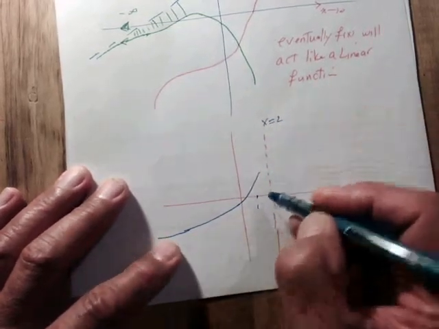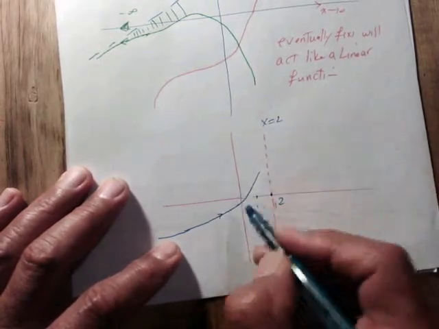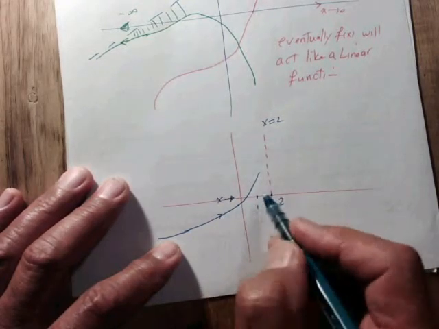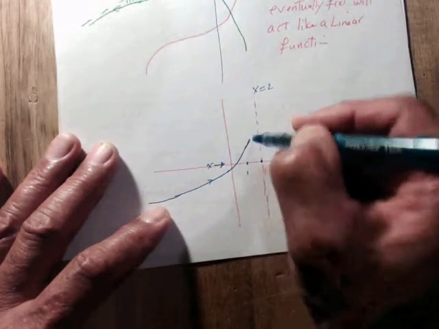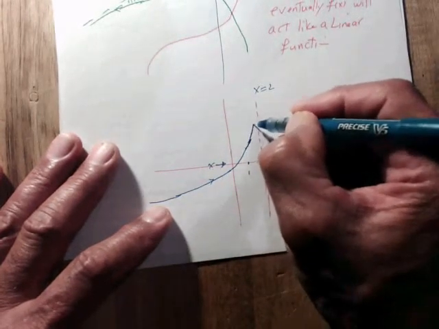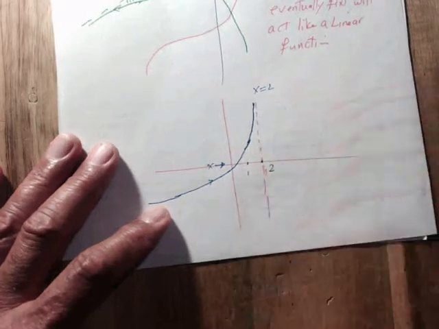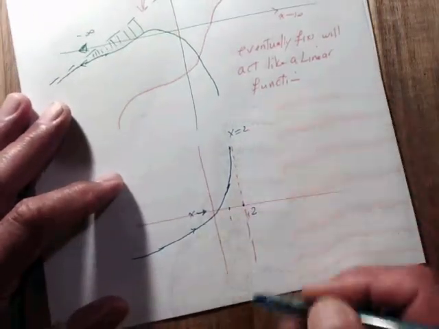So I say the line x equal to 2 is a vertical asymptote because as x gets closer and closer to 2, the graph of the function gets closer to this vertical line, and eventually they meet each other at infinity. So you don't have to go to infinity to have an asymptote. You may go to a number to have a vertical asymptote.